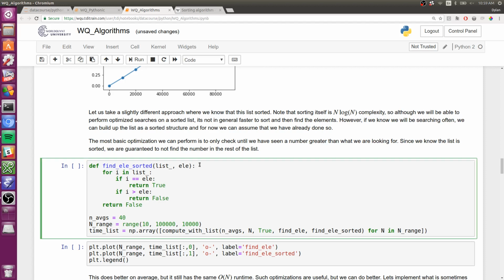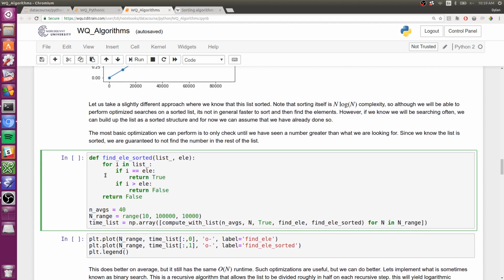So if I know that my list is sorted, then I can do a number of optimizations. The first thing I could do is I know that I'm going to encounter elements in increasing order. So if ever the thing I find in the list is larger than the thing I'm looking for, I can stop.